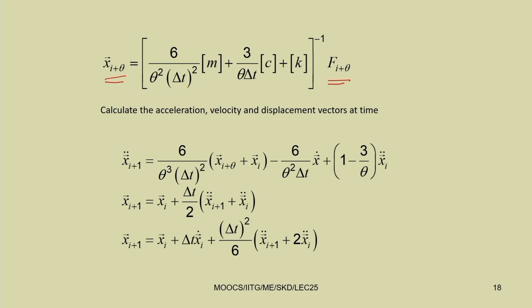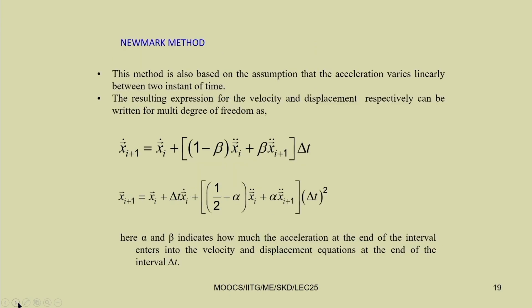Already we got this f I plus theta, and using that we can have the expression for the acceleration, x I dot and x I plus 1. This way we can get it.